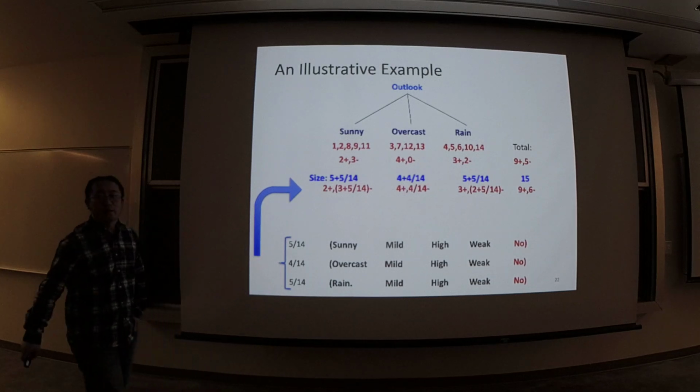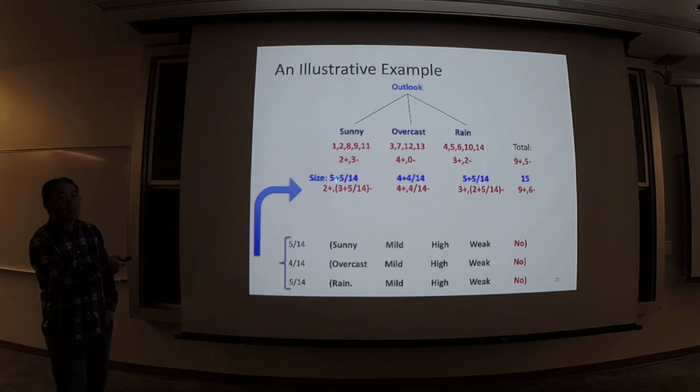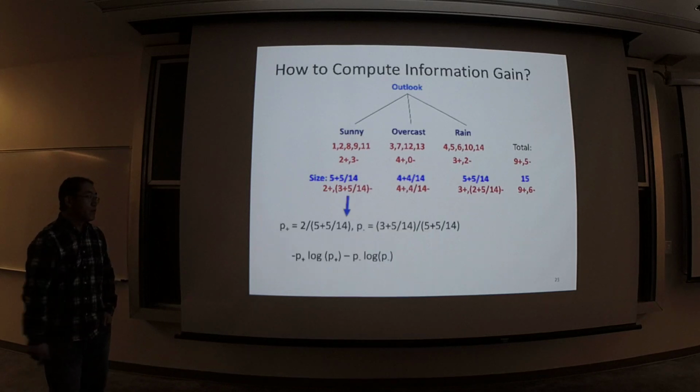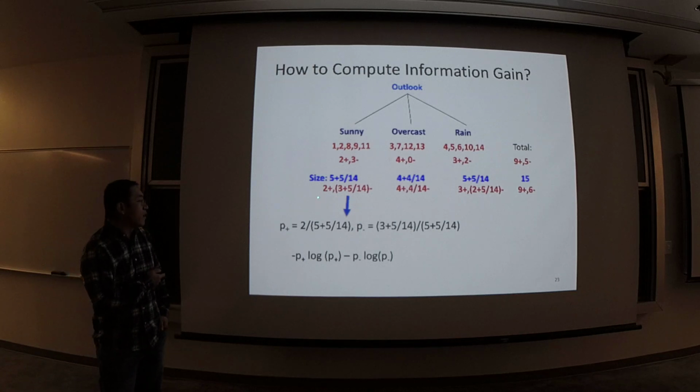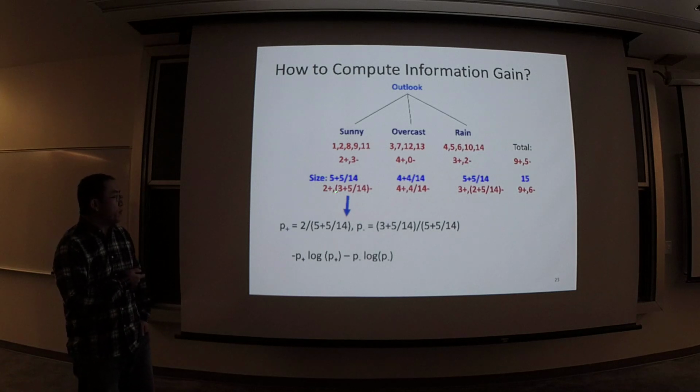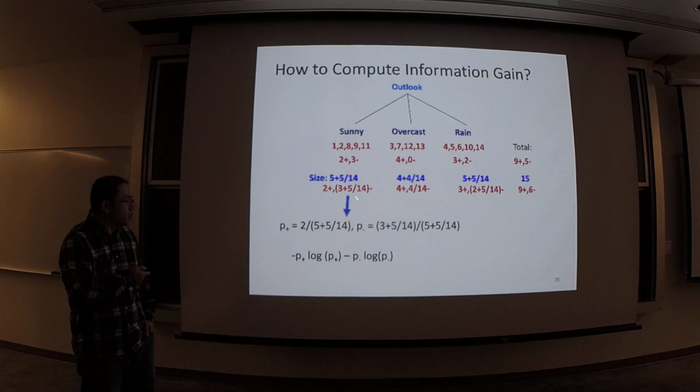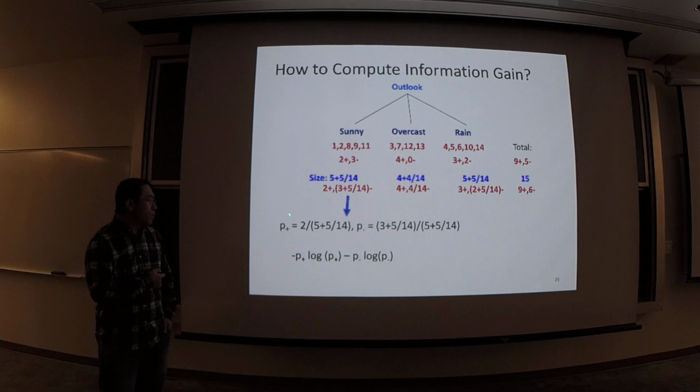Then how do we compute the entropy for each subset? The same thing, right? So we have 2 positive examples and 3 plus 5/14 negative examples. So the P positive is 2 over 5 plus 5/14, right?